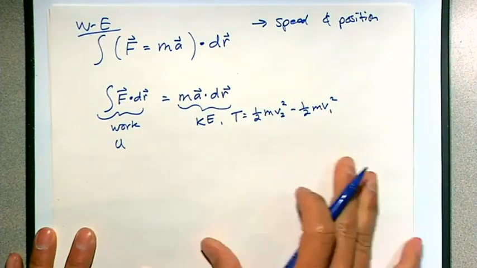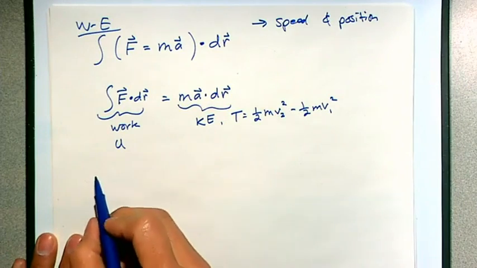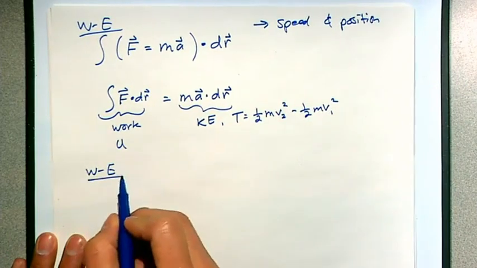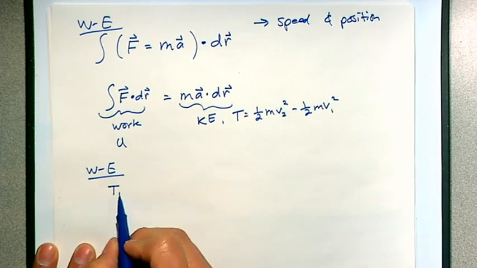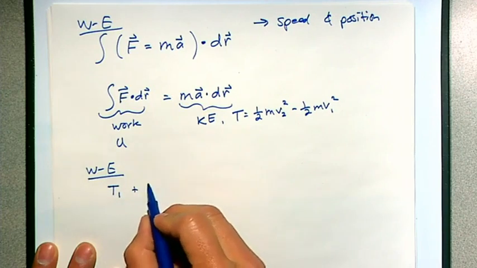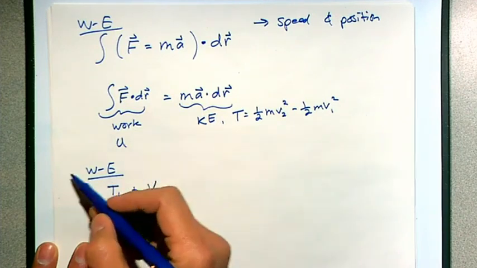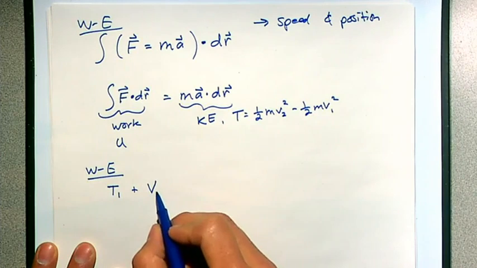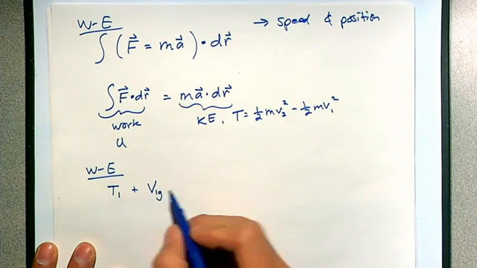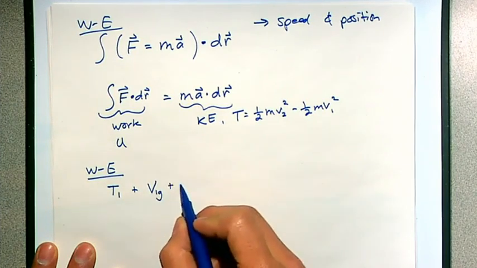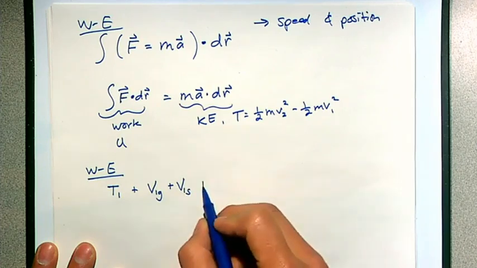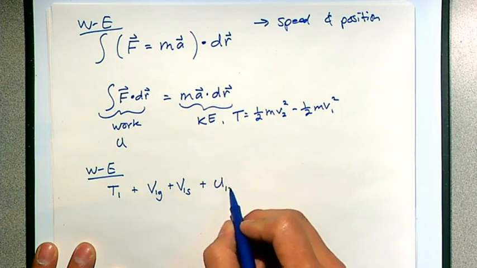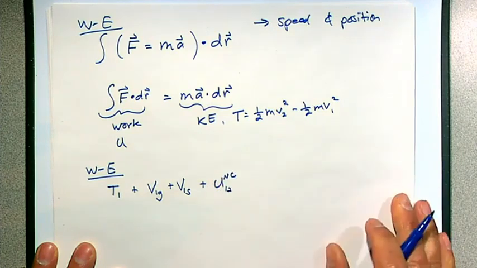And the way that we ended up using all this together was we looked at that work energy expression. So we had, hey, what's my kinetic energy at state 1 plus, from this work term, we pulled out conservative forces. I had potential. So I had potential at state 1 from gravity. If you wanted, we also had potential at state 1 from springs, plus my work between states 1 and 2, non-conservative.